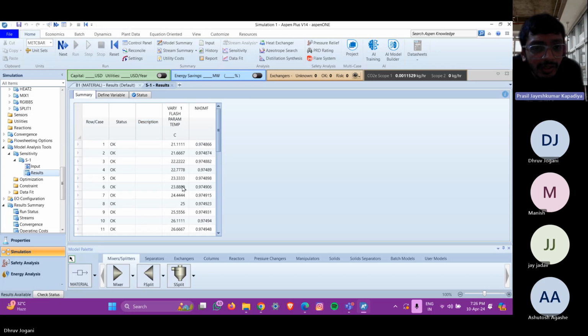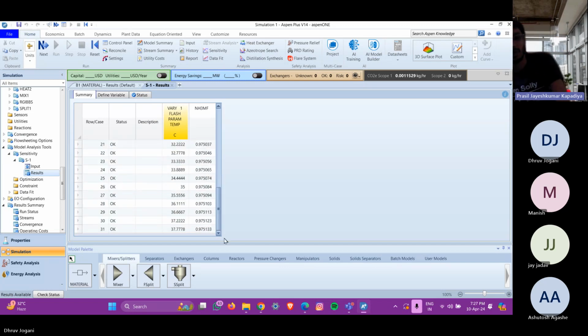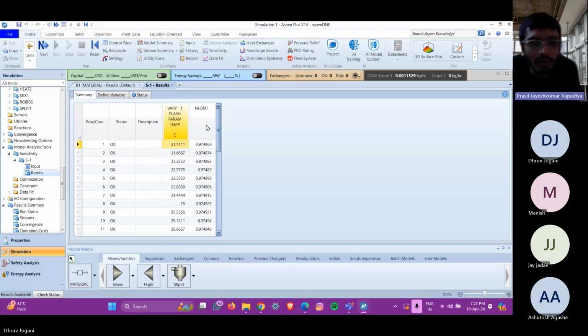So see what you are getting. Sir, the temperature is being varied in Celsius. Okay, it is in Celsius. What are we getting? Can you go below? The maximum we are getting is 0.97. So with an increase in temperature, this won't increase, because it won't play a major role.